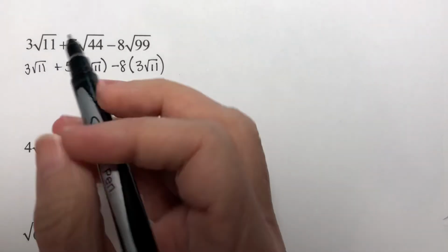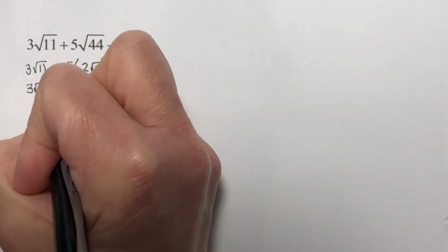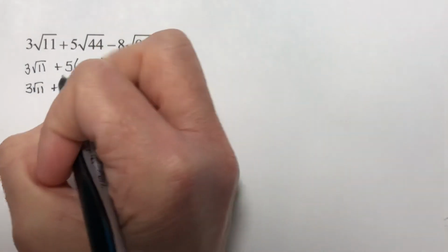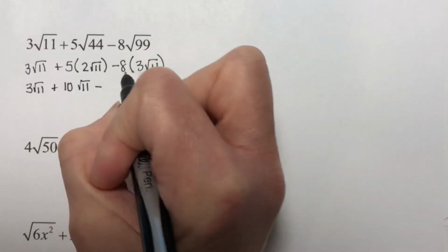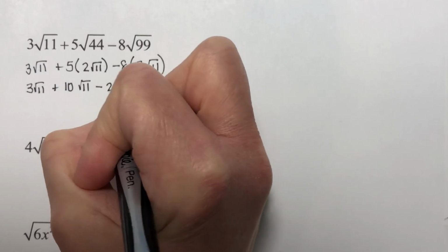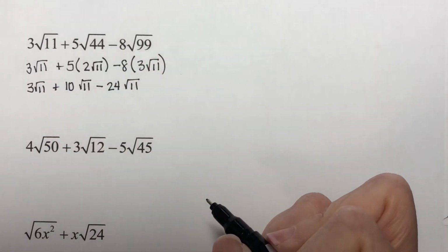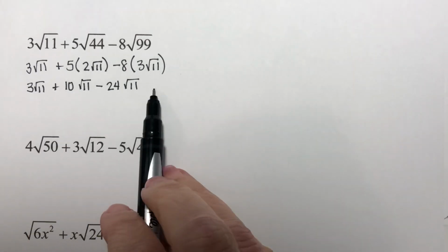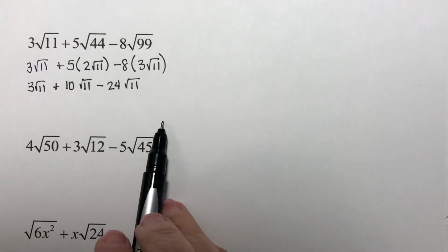Let's simplify each one. This one is already as good as it's going to get. Plus 5 times 2 is 10 times the square root of 11. Minus 8 times 3 is 24 times the square root of 11. Now let's see if we can combine them. I have a square root of 11 on each of these, so I will be allowed to.